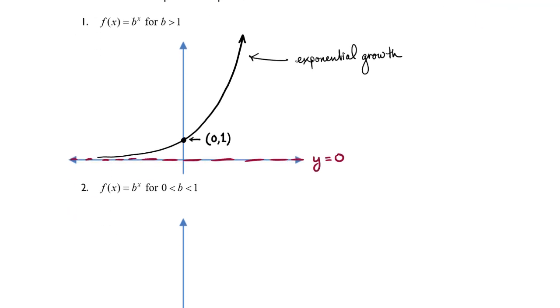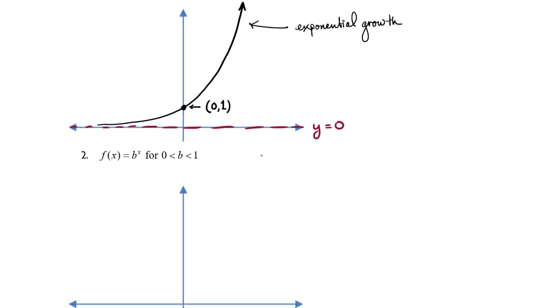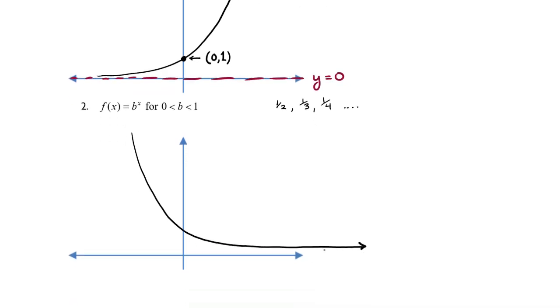Now, if you had a function f of x equals b to the x, where b is between 0 and 1, this would be fractions of a whole number, like 1/2, 1/3, 1/4, etc., you would get exponential decay, where the function approaches the horizontal asymptote at y equals 0 as the function values of x get bigger and bigger.